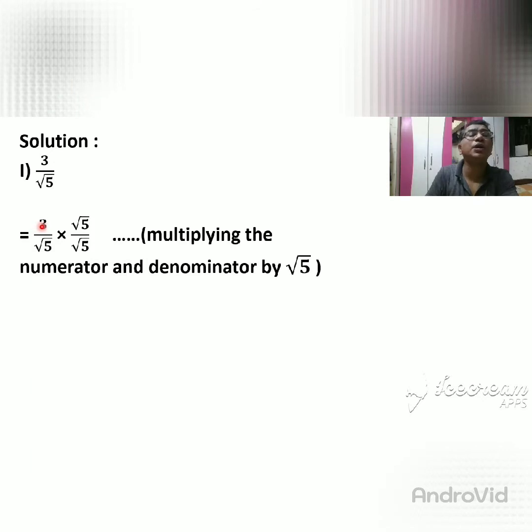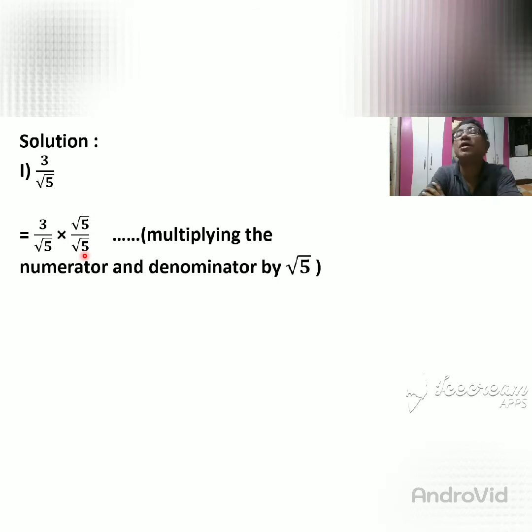So 3 into root 5, and here root 5 into root 5. 3 into root 5 gives 3 root 5. Root 5 into root 5 gives 5. Why? Because there is a rule: root a into root a is equal to a, root b into root b is equal to b, root c into root c is equal to c.